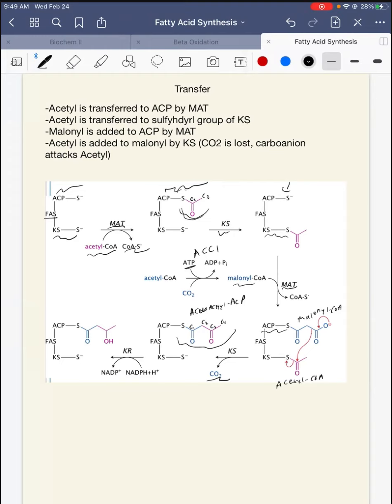Okay, and then you have this KR, but I'll briefly talk about KR afterwards. So acetyl is transferred to ACP by MAT, so this is just a summary of everything we went over. Then the acetyl is transferred to a sulfhydryl group of KS. Malonyl is added to ACP by MAT, and then acetyl is added to malonyl by KS.